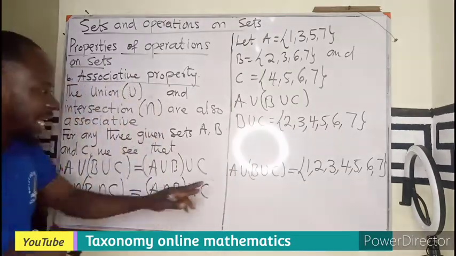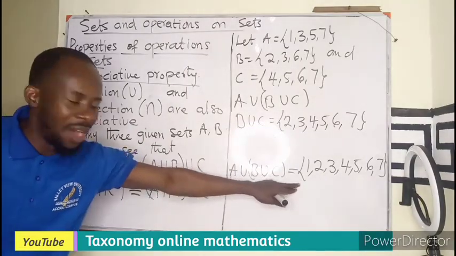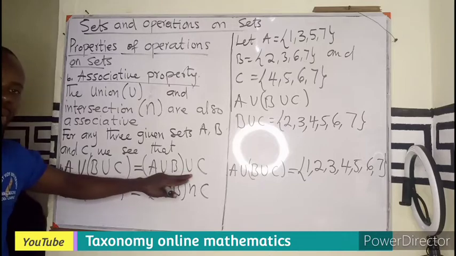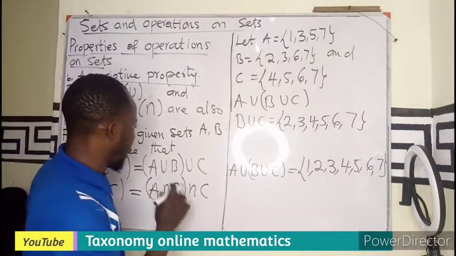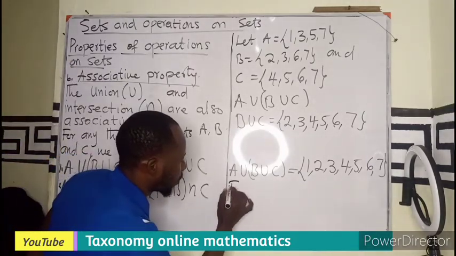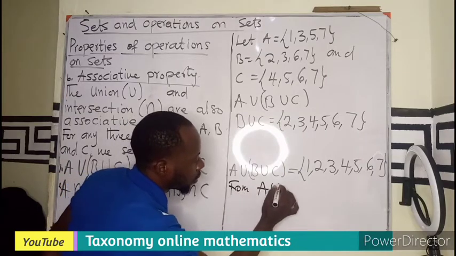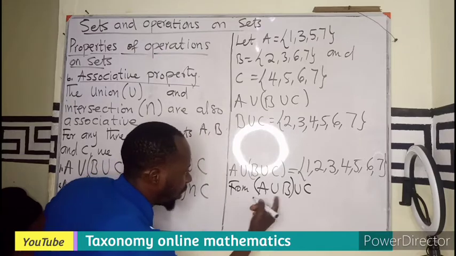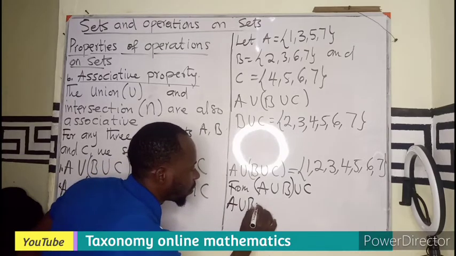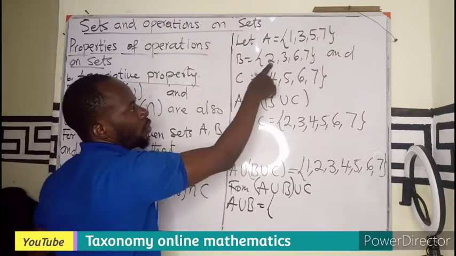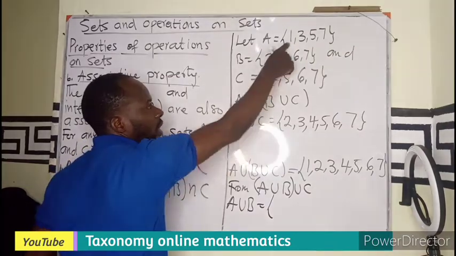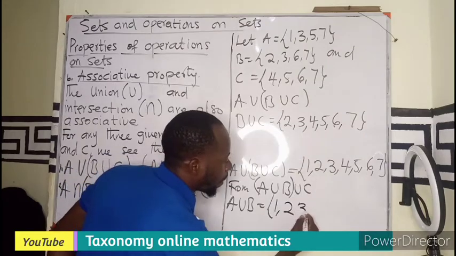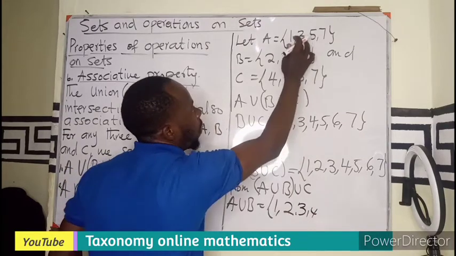Now we want to see whether this set will be the same as taking the first two before the last one. So now we take A union B. A union B, beginning from the smallest one, will be 1, 2, 4.